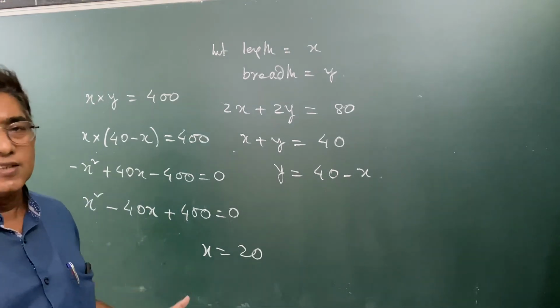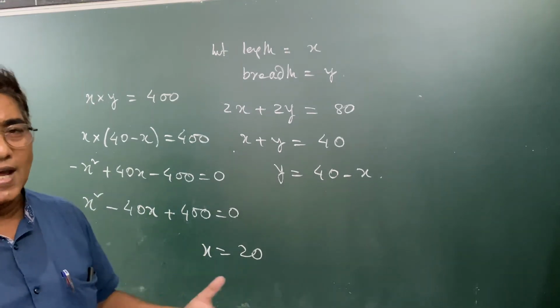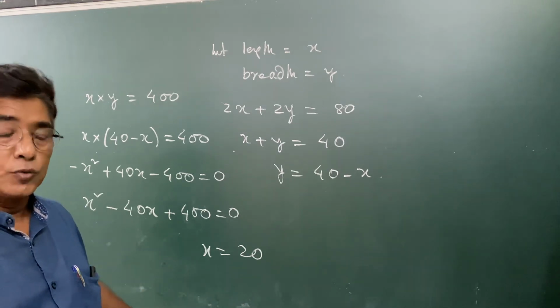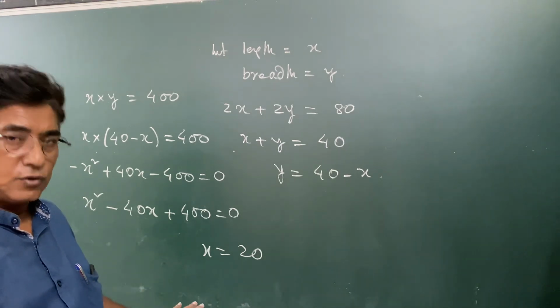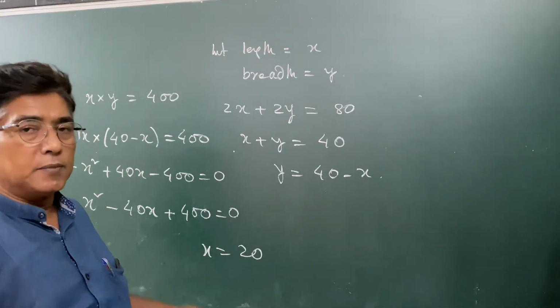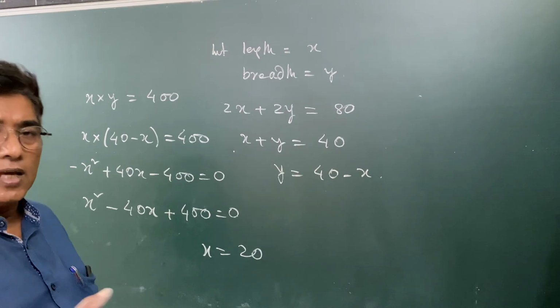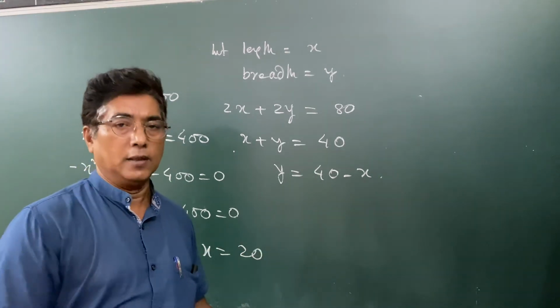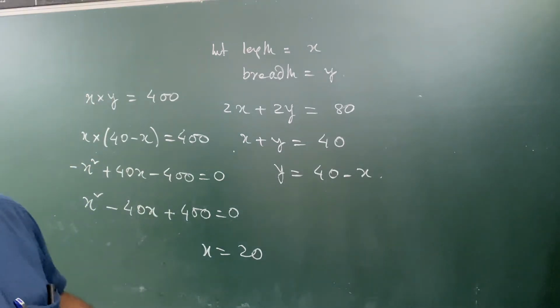So you will say, yes, it is possible. It will not be a rectangular park, it will be a square park. Square is also a rectangle, so you have to mention that. Yes, it is possible, but we will have a square park because length and breadth are equal.